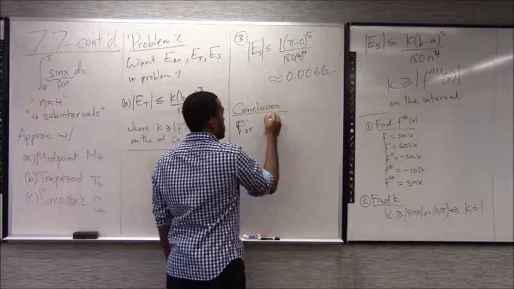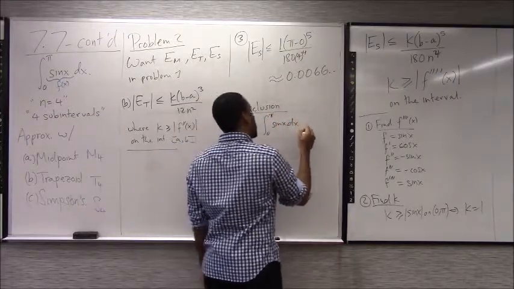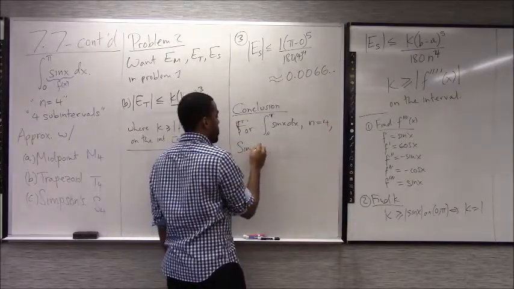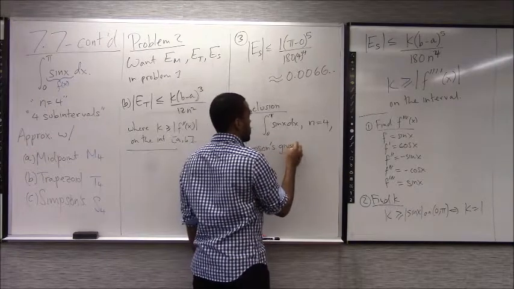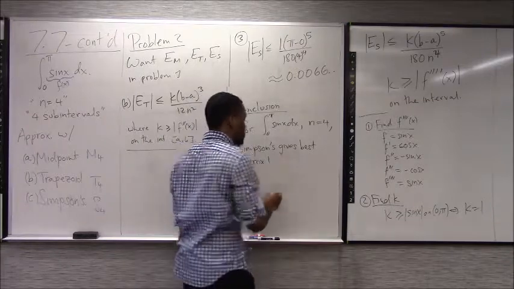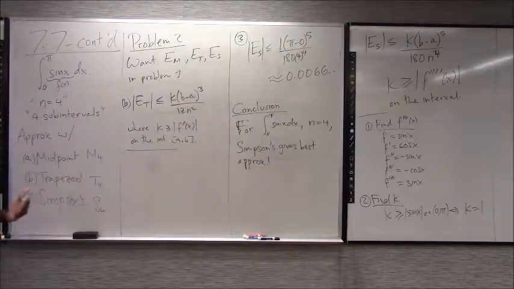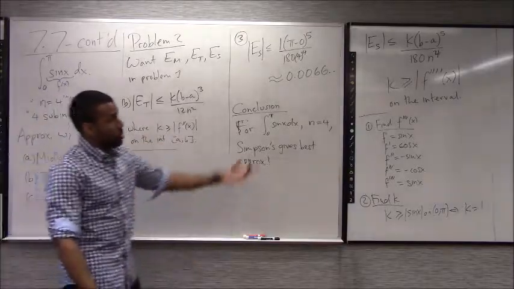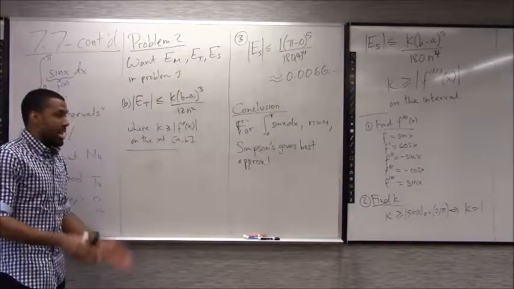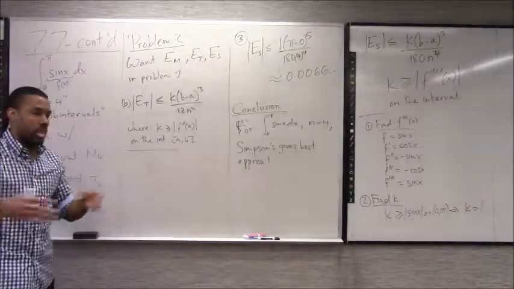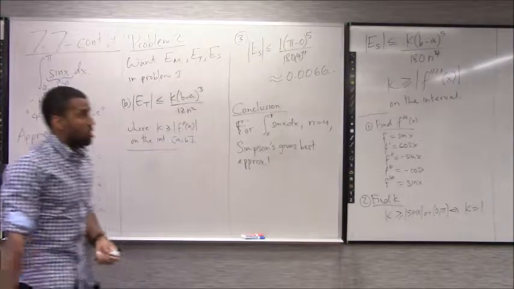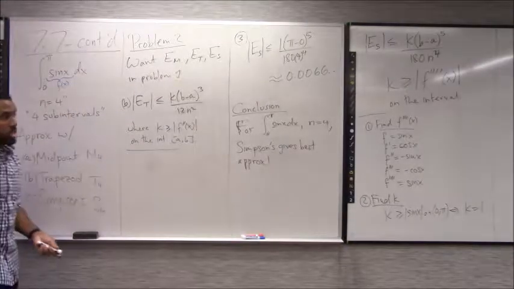For this integral, 0 to pi of sine x dx, with n equals 4, Simpson's obviously gives the best approximation. The number we got by doing Simpson's rule is going to be off from 2 by 0.006. So that answer will be somewhere between 2 plus 0.006 and 2 minus 0.006. So that's the error. That's how much you're wrong by using these approximations.